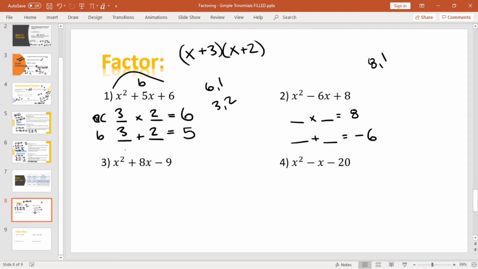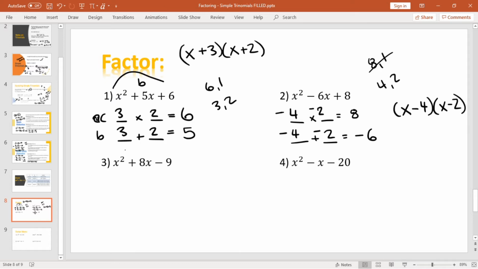I can have 8 and 1, or I can have 4 and 2. 8 and 1 are going to add to 9, no good. 4 and 2 add to 6. So 4 times 2 is 8. 4 plus 2 is 6, but I need to make negative 6 and positive 8. Everything's negative. And my factored form of x squared minus 6x plus 8 turns into x minus 4, x minus 2.